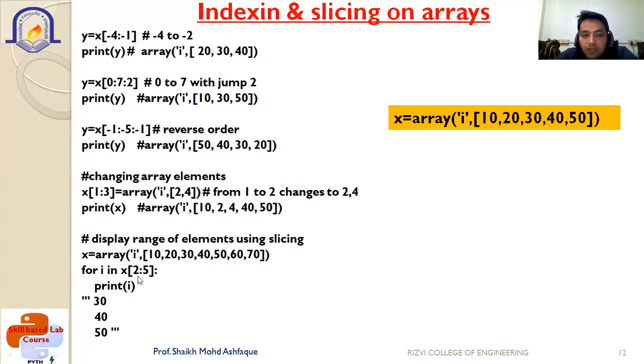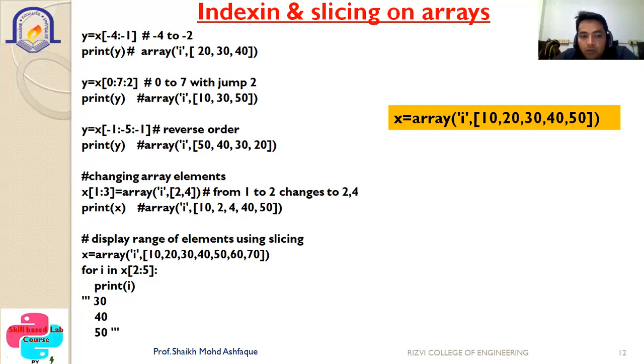Now, if you want to display a range of elements using slicing, how can you do that? Suppose your array is declared as x is equal to array, then all the elements are stored from 10 to 70. Each and every element is separated by a comma. After that, you are using the for loop: for i in x[2:5]. Now here x is basically your array, but at the same time the limit is to be given. Starting is 3 and then ending is 5, that is 5 minus 1.